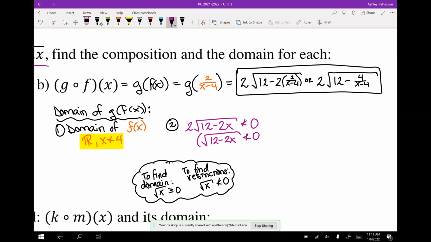Square both sides because it is the inverse operation of a square root. So 12 minus 2x cannot be less than 0. Subtract 12 with me, please. So we get negative 2x cannot be less than negative 12. What can x not be?